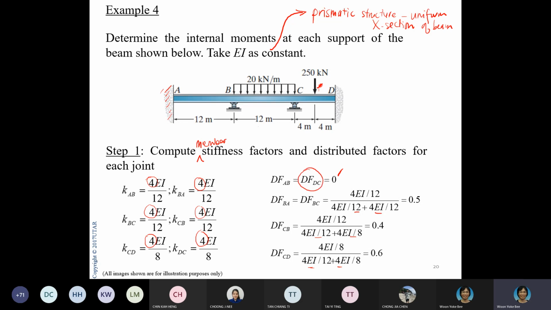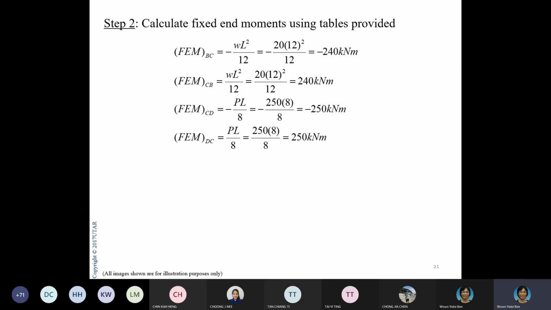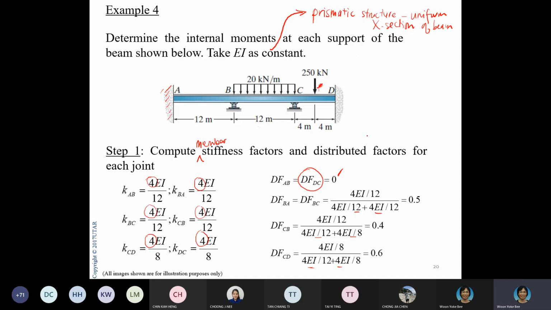Once you have found the member stiffness factors and the distribution factors, you go on to find the fixed end moments. If you look at this, you will find that there are no fixed end moments at member AB. Then here you will have a uniformly distributed load, and this one you have a point load in the middle of the span.